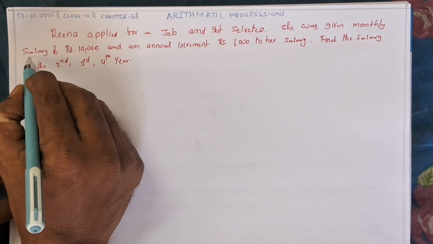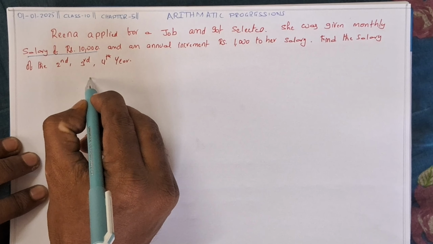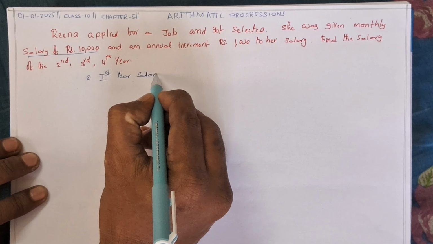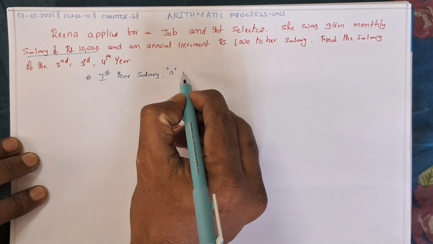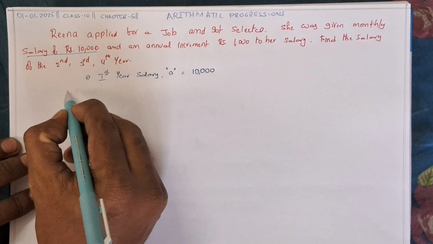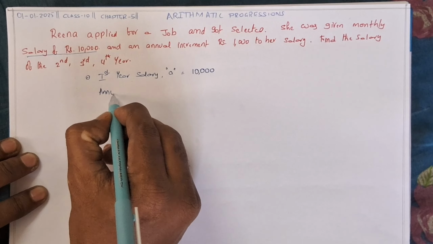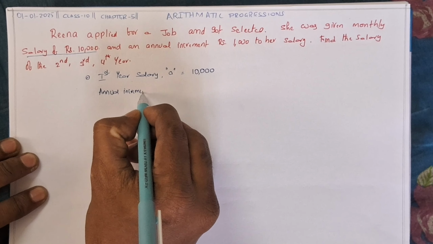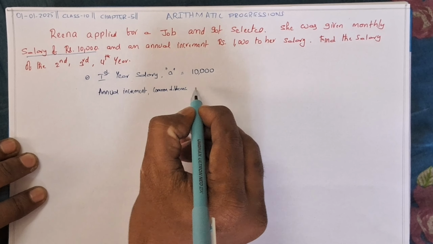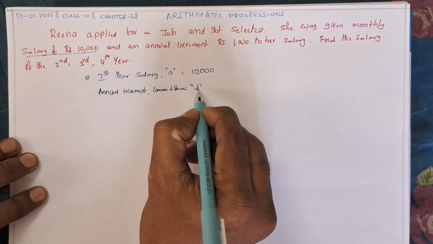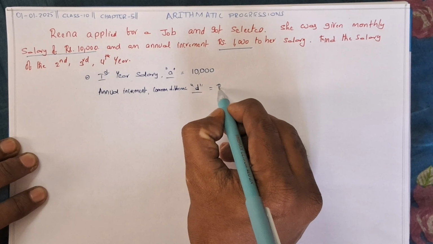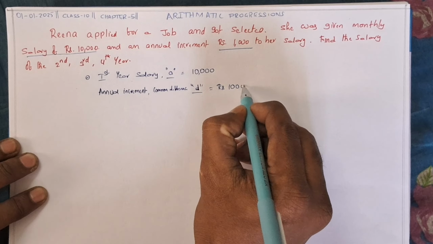Here, the initial salary is 10,000. That is, the first year salary is nothing but a, that is equal to 10,000, and the annual increment is nothing but the common difference, denoted by d, that is equal to 1,000.